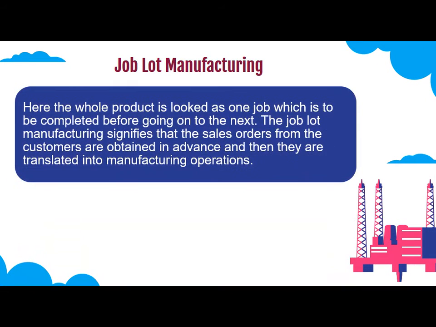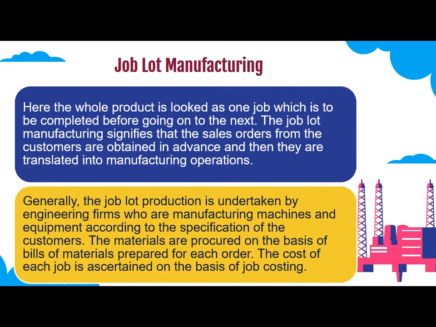Here the whole product is looked at as one job, which is to be completed before going on to the next. Job lot manufacturing signifies that sales orders from customers are obtained in advance and then translated into manufacturing operations.